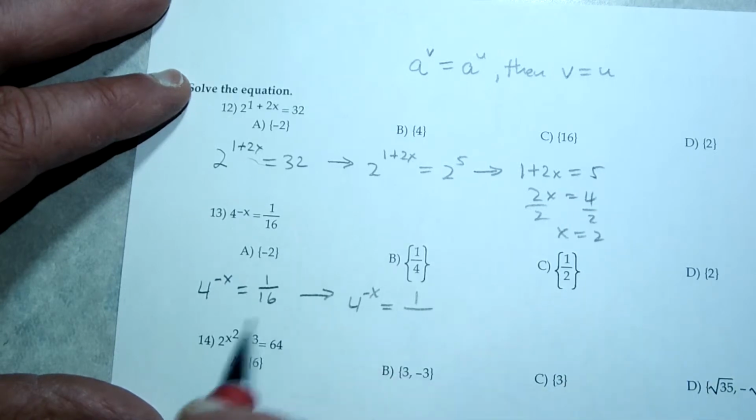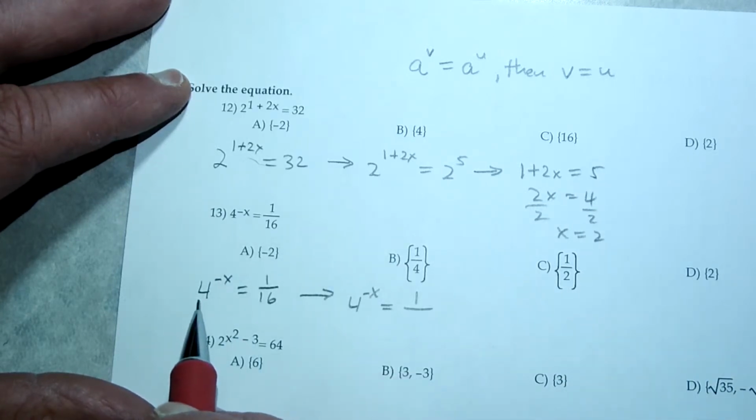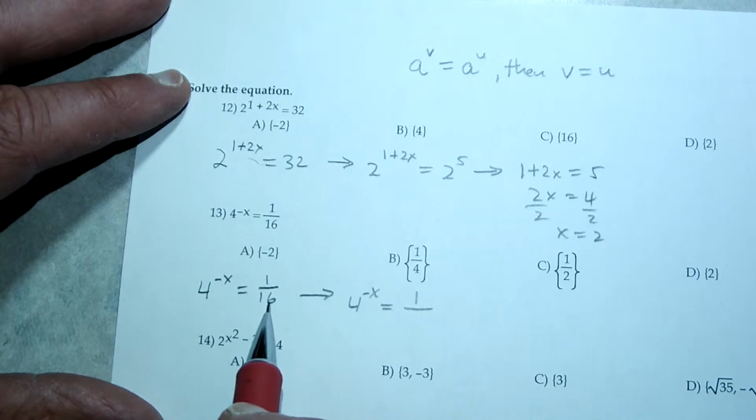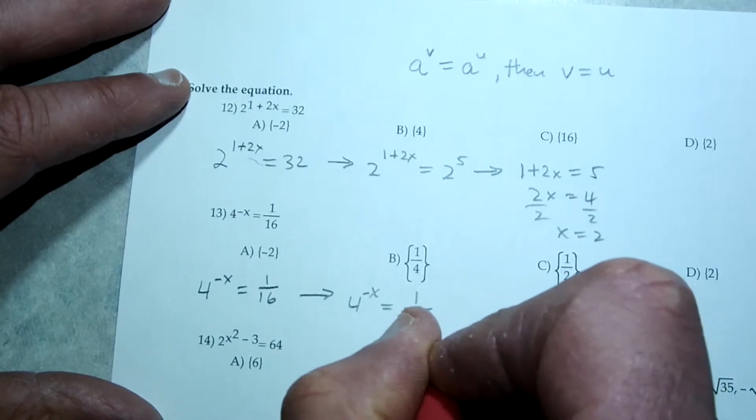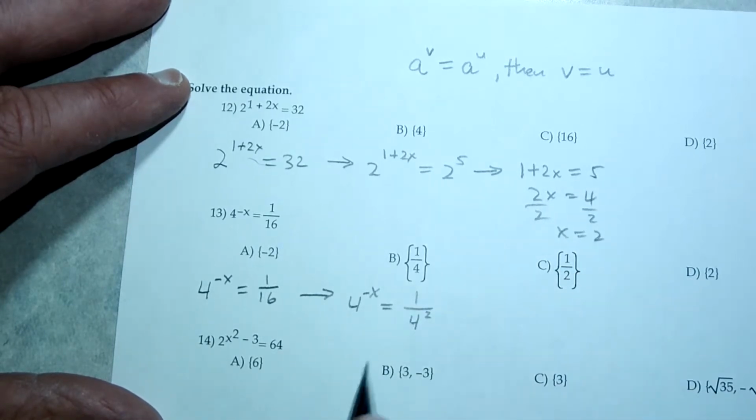My mistake, I forgot this is a base of 4. A base of 4 would allow me to say that 16 is equal to 4 to the 2nd power, because I want like bases.